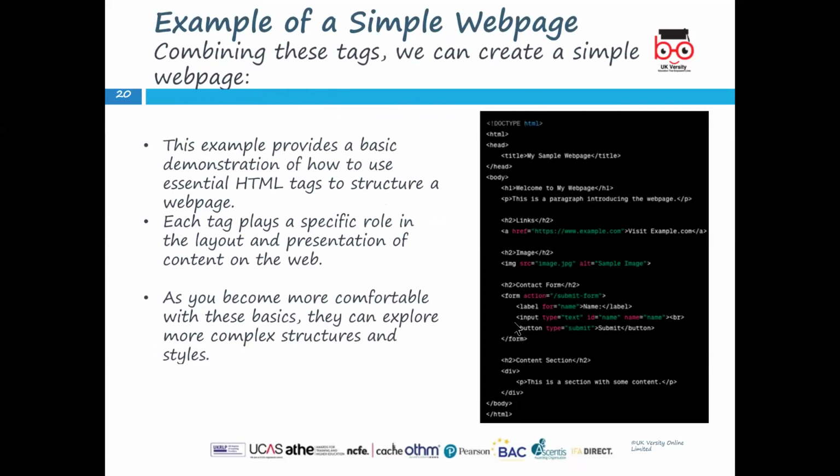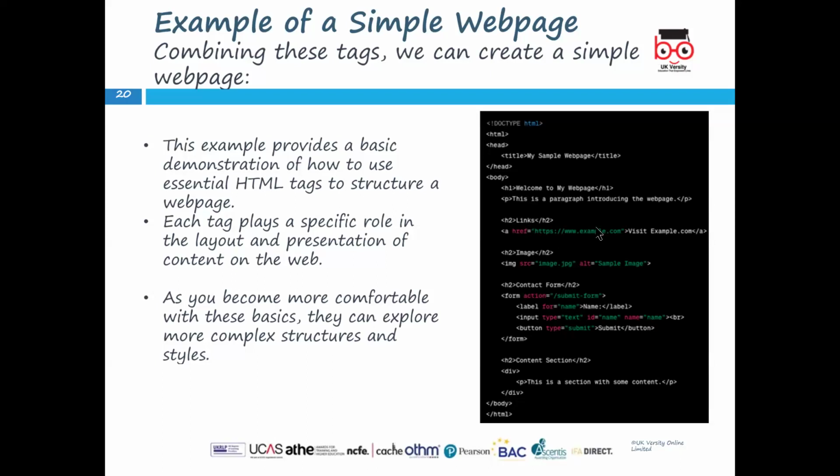So this is an example of a simple web page where we have integrated everything. We have our head with our title. Then we close the head. We now have our body. In the body we have our first heading 1, H1. Then we close it. Then we have a small paragraph.